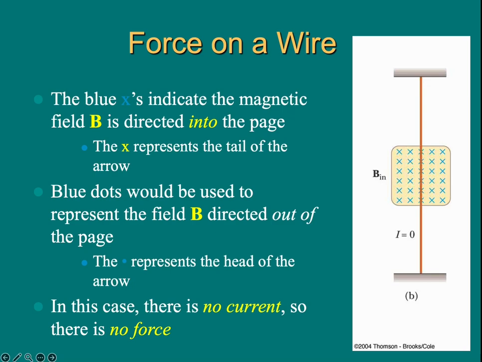Now, we often use a cross and a dot to represent the direction of magnetic field because it's 3D. So we have to have some way to represent the direction of a magnetic field in and out of the surface. A cross would indicate the magnetic field B is directed into the page.